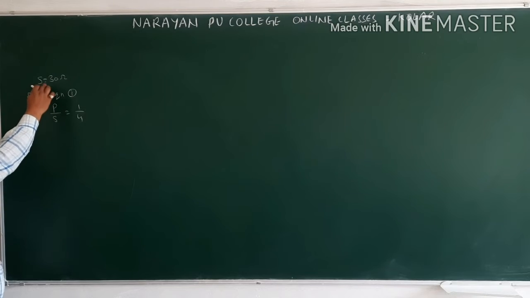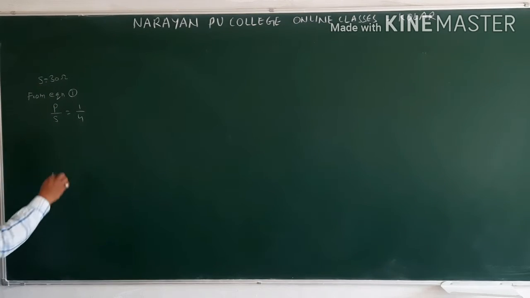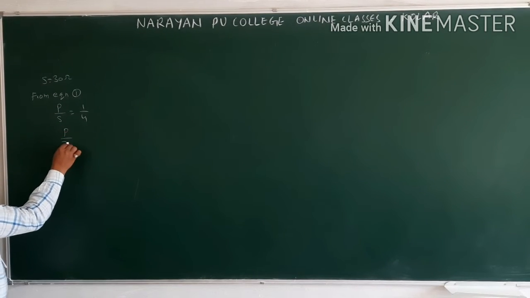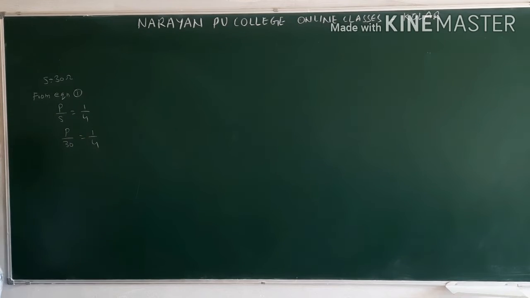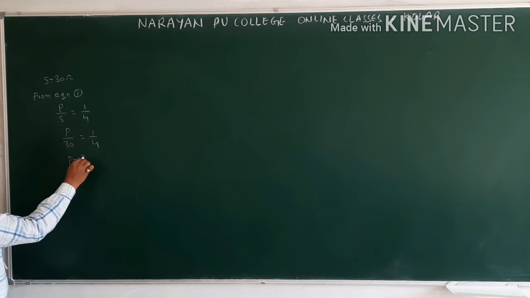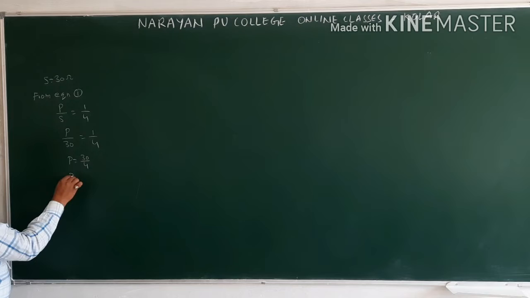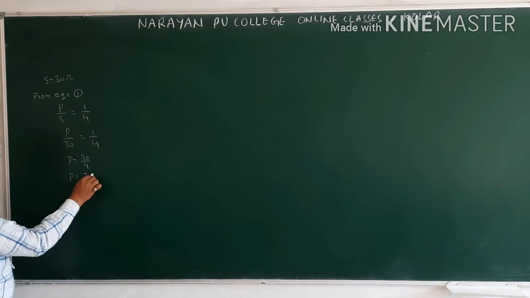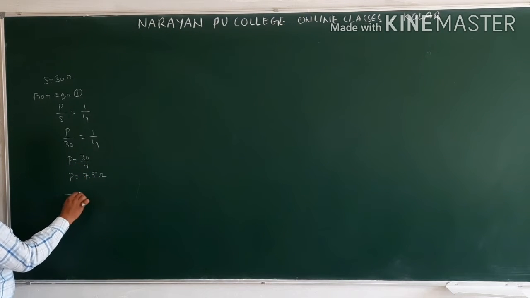S value, how much did we get? 30 ohms. P by 30 is equal to 1 by 4, and P is equal to 30 by 4, that is nothing but 7.5 ohms.